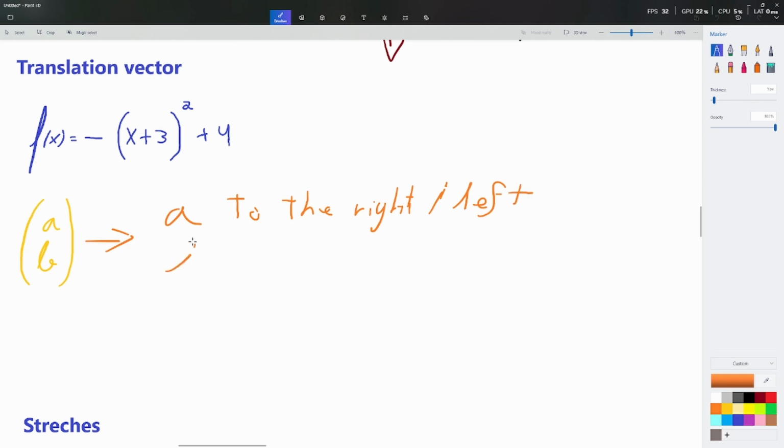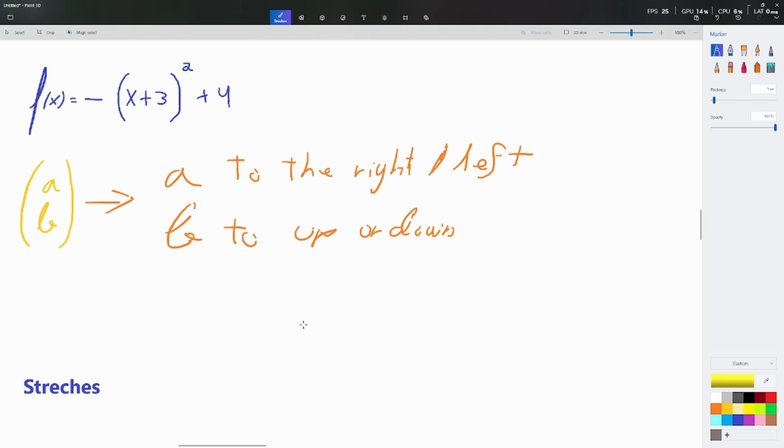And the B means you move your function or your point up or down. Sorry. So obviously, let's go over it again. If A is positive, then you move to your right side.